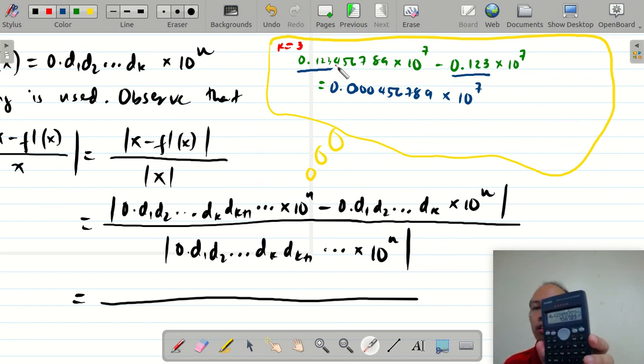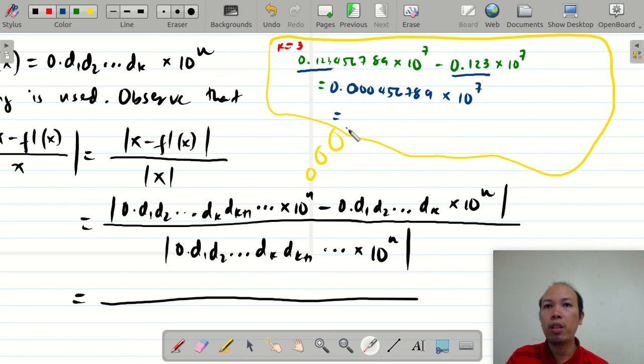So let's write our answer in normalized decimal floating point representation. Our new d sub 1 here is 0, and we know that by definition d sub 1 must not be equal to 0.